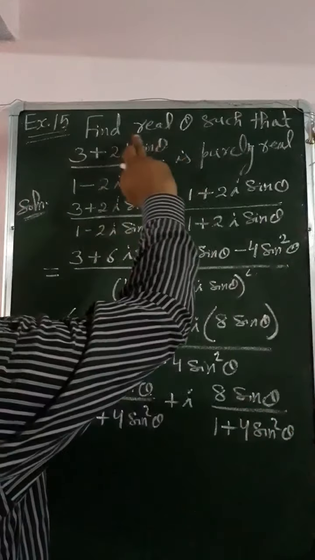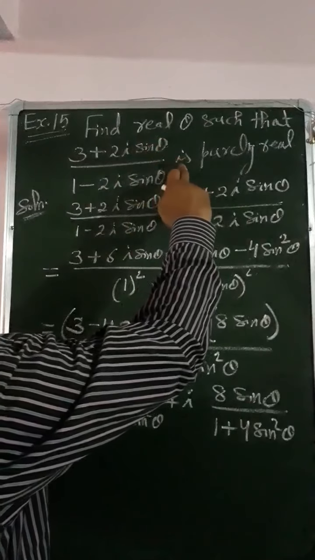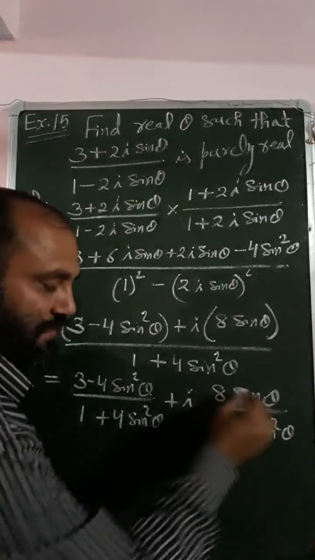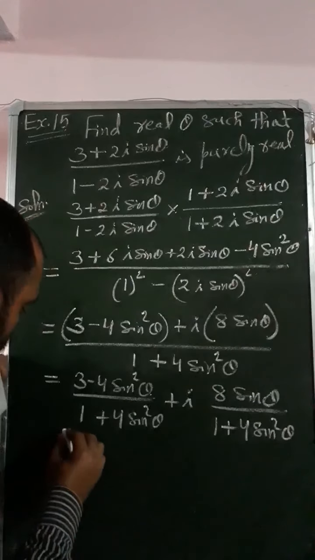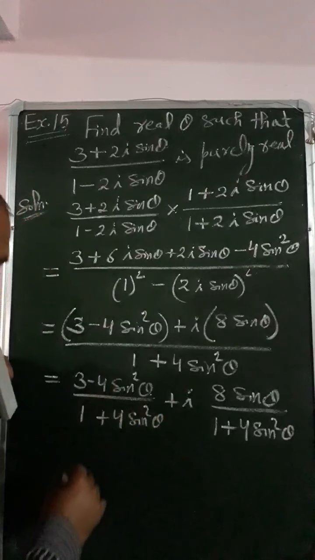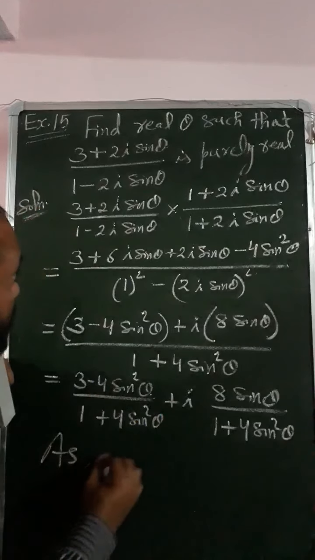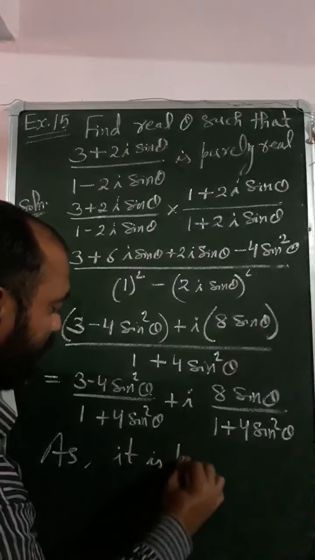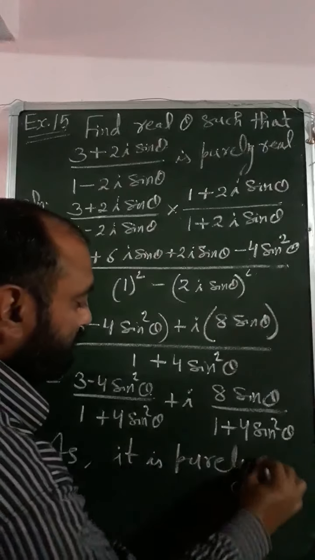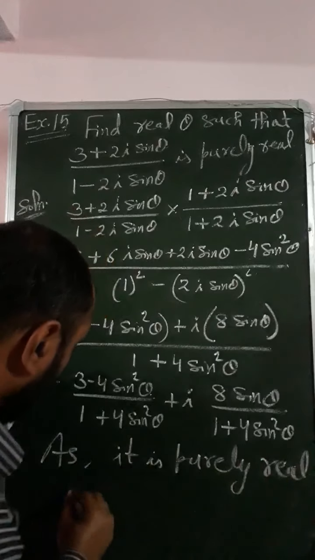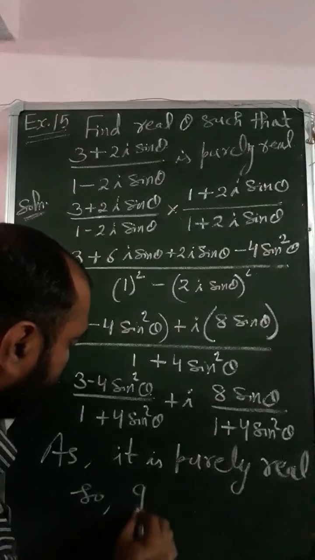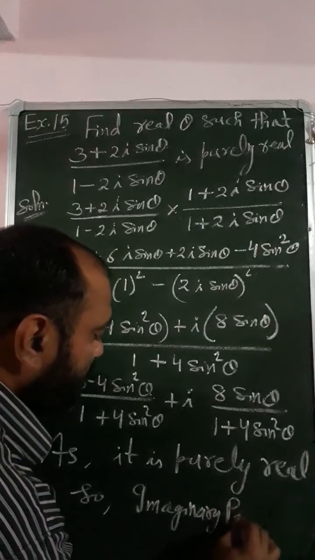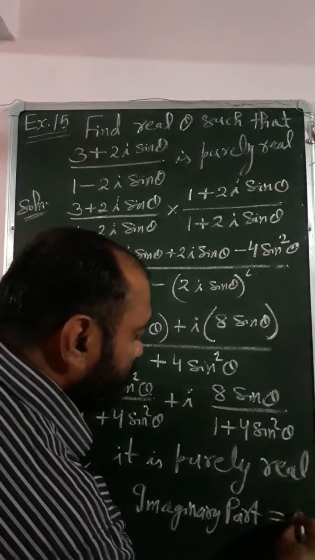Now as it is mentioned in the question that it is purely real. Purely real means its imaginary part is 0, right. So as this complex number is purely real, the imaginary part is equal to 0.